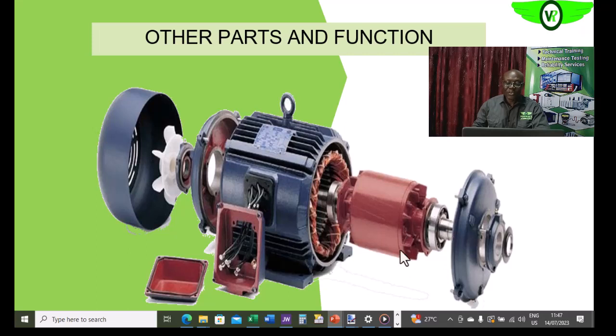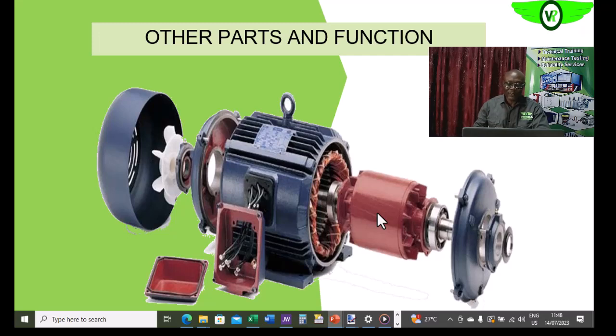So these bearings, as we'll see later, can also affect the reliability of the electric motor, because they are meant to hold this rotor in position, to be in the center line of the stator. Are we getting it?